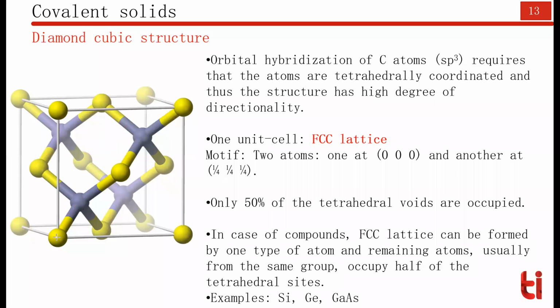If we refer to this, the total length is root 3a, and the length from this point to this point is 1/4 of the total length. So let's consider this much length. That particular length will be equal to root 3a by 4.